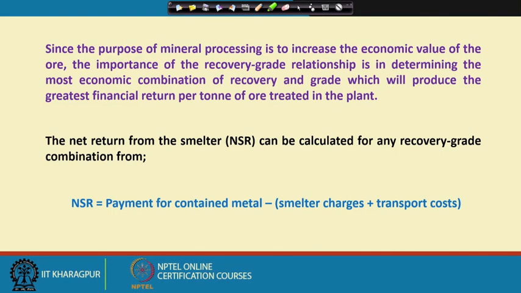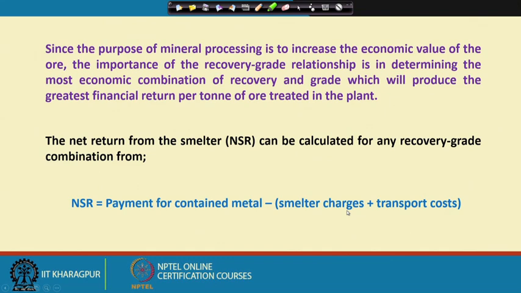So, the net smelter return is equal to payment for contained metal, that means how much money I could ultimately get by selling that product which I have started from the mining operation, minus the costs.